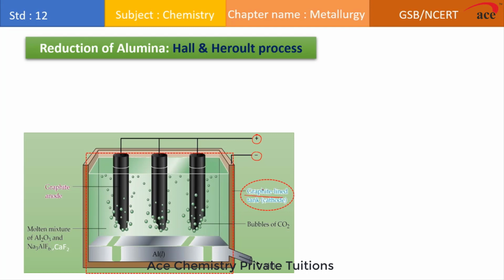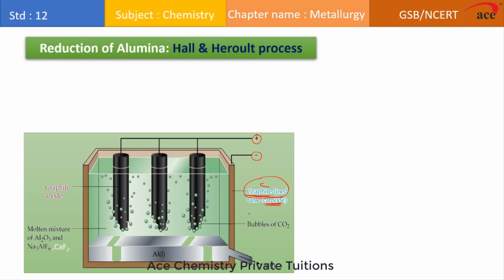Graphite. We all know that graphite is the allotropic form of carbon. So this inner portion is coated with carbon, and it is connected to the negative terminal, so it is acting like what? Cathode.